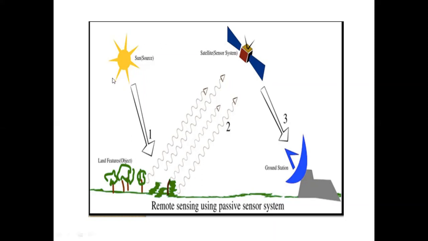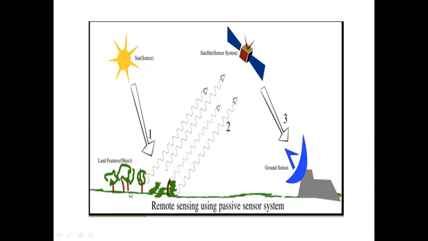Here, the energy source is the sun, which is natural. We don't produce any energy to get information about the earth surface. Here we use the natural source of energy, that is the sun, which gives us sunshine. In the remote sensing process it is called electromagnetic radiation.